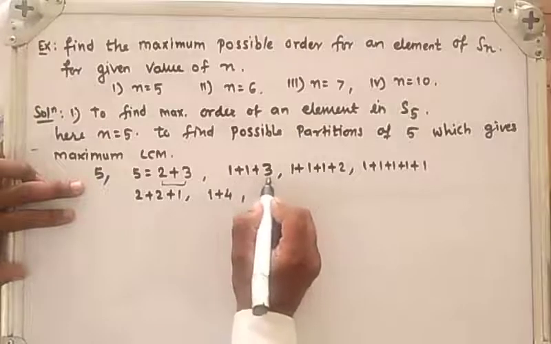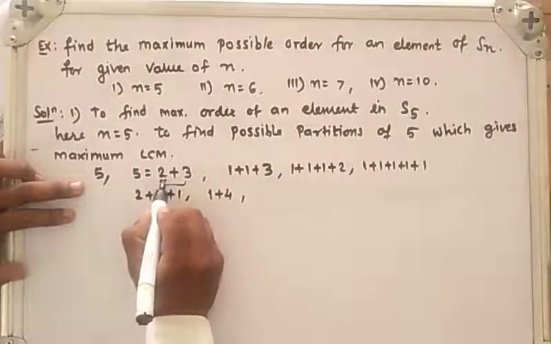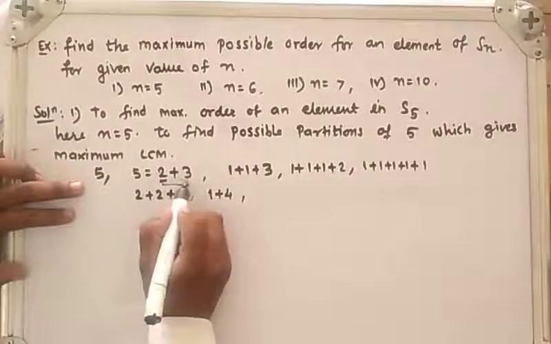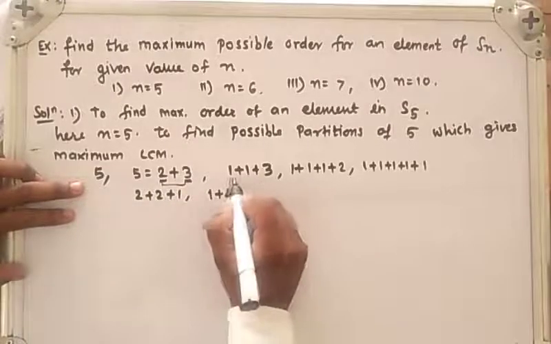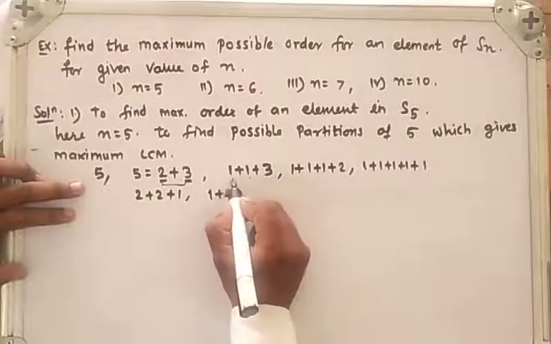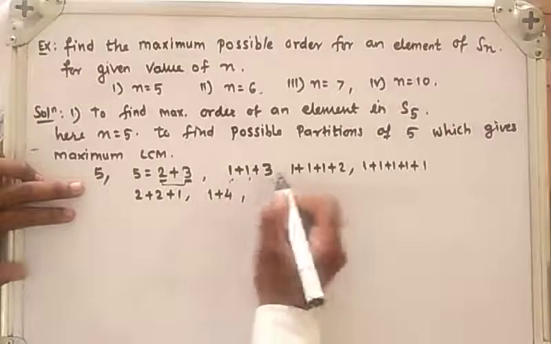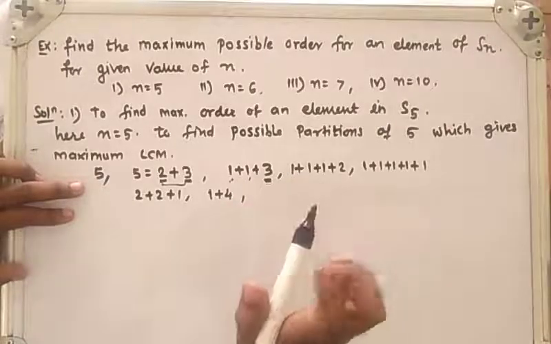Now here 1, 1, 3. So 2, 3 means the first cycle is of length 2 and the second is of length 3. And 1 plus 1 plus 3 gives 3 disjoint cycles: 2 cycles which have only one element and one cycle which has 3 elements.